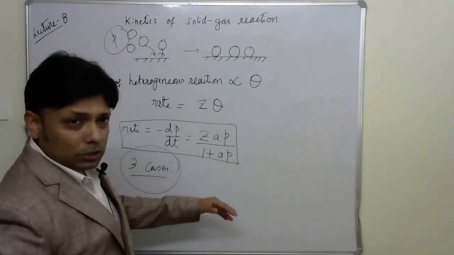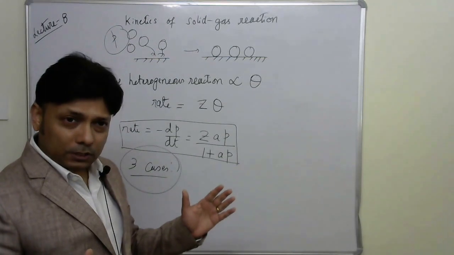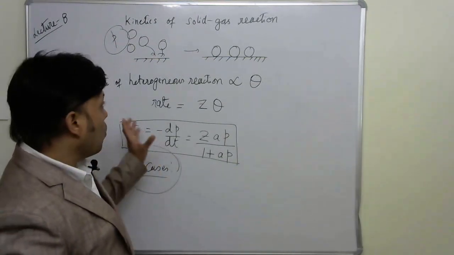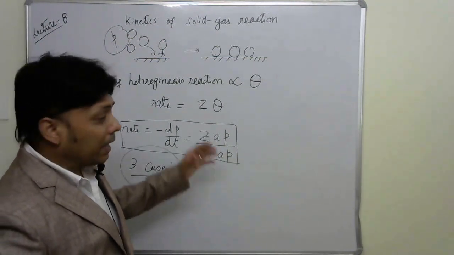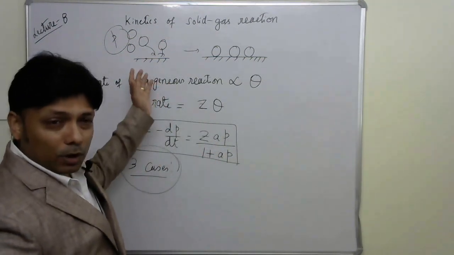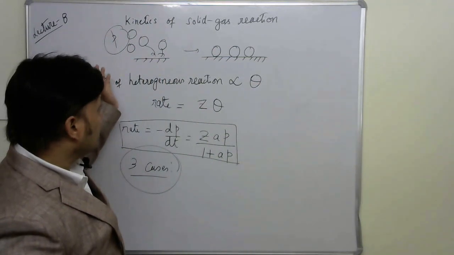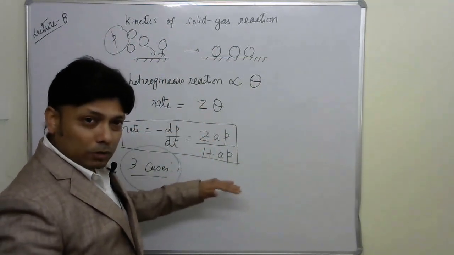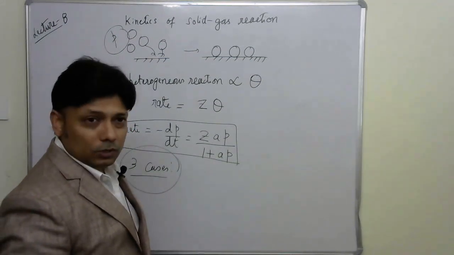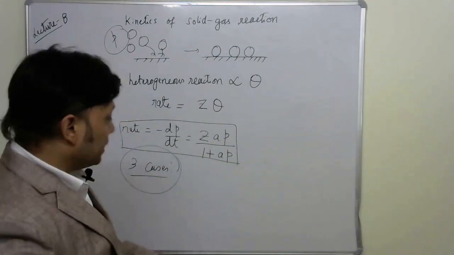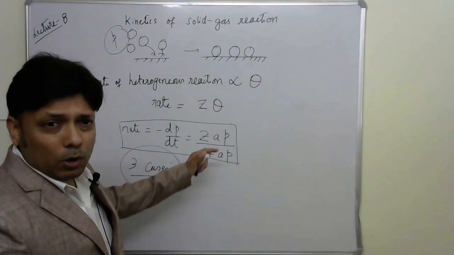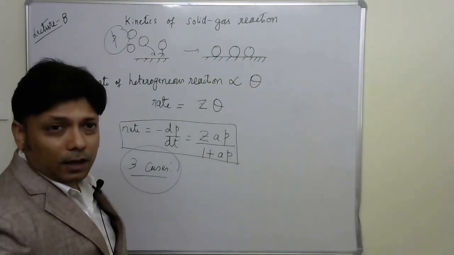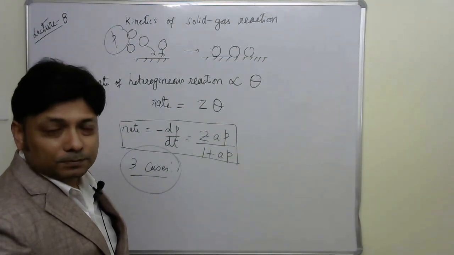In another, two different types of gas molecules get adsorbed simultaneously. In the third, one gas molecule is adsorbed and another gas molecule, coming from the top, collides with the gas molecule sitting on the surface and the product is formed. Let's consider the three cases one by one and find out the kinetics in each case.